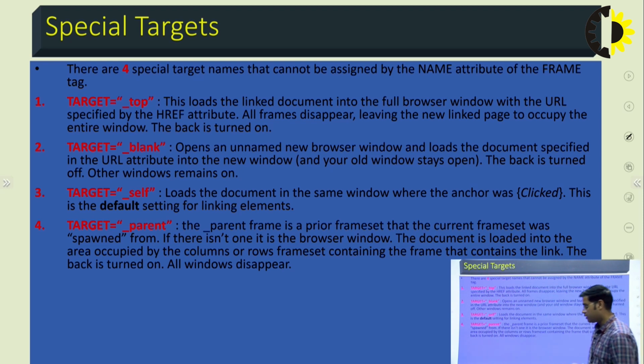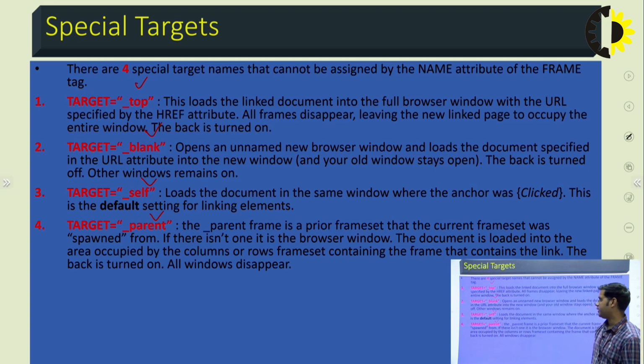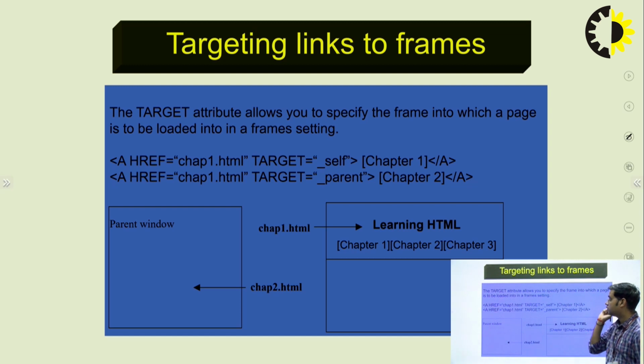We also have 4 special target names that cannot be assigned by the name attribute of the frame tag. So the first one is target top, target blank, target self, and target parent. Okay. So here as an example, the target attribute allows you to specify the frame into which a page is to be loaded in the frame set.